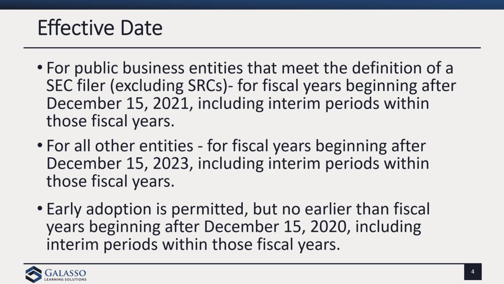One thing to point out is that if you went back to the exposure draft for the standard, which came out in July of 2019, the FASB, in addition to the changes here, also proposed simplifying the accounting for equity contracts by reducing a form over substance-based accounting conclusion driven by remote contingent events in the assessment of the derivative scope exception.